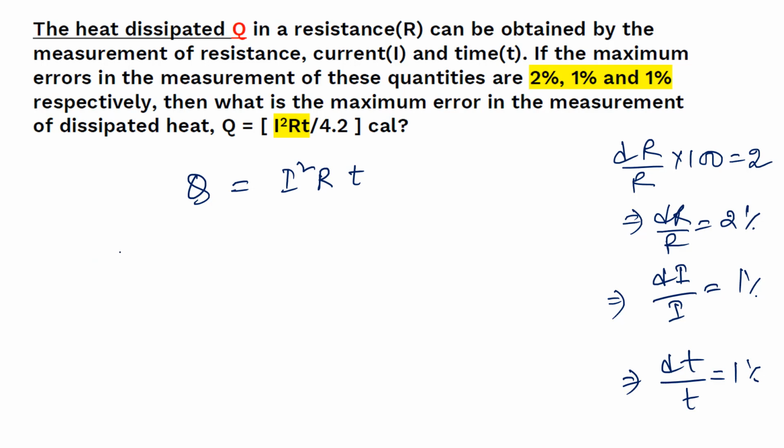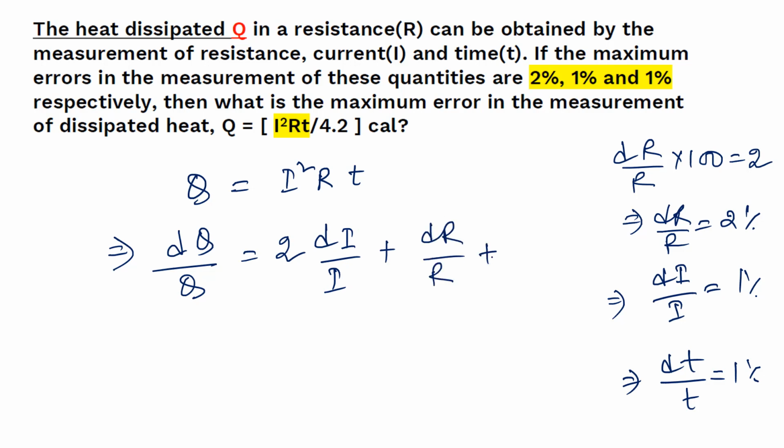These things are already given to you. So I will just use the shortcut formula and write that dq upon q equals 2 into di upon I, because the exponent of I is 2, plus R has an exponent of 1, so dr upon r plus dt upon t. Now I just have to substitute the values to find the percentage error.